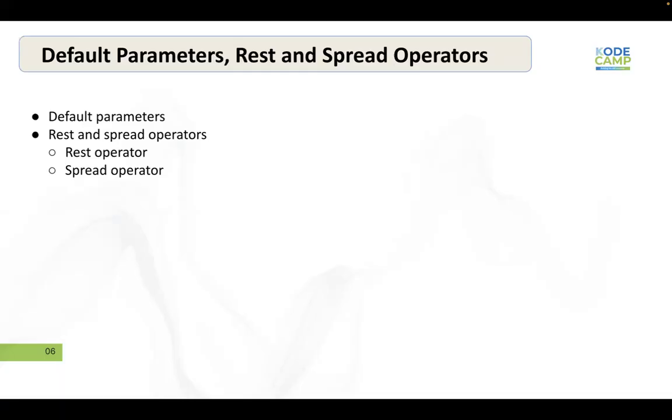Rest is the opposite of spread. So instead of unpacking, it packs individual elements into a container. You know, the spread unpacks a container, while the rest packs a container. Instead of removing elements outside of a container, it puts those elements and packs them in one container.